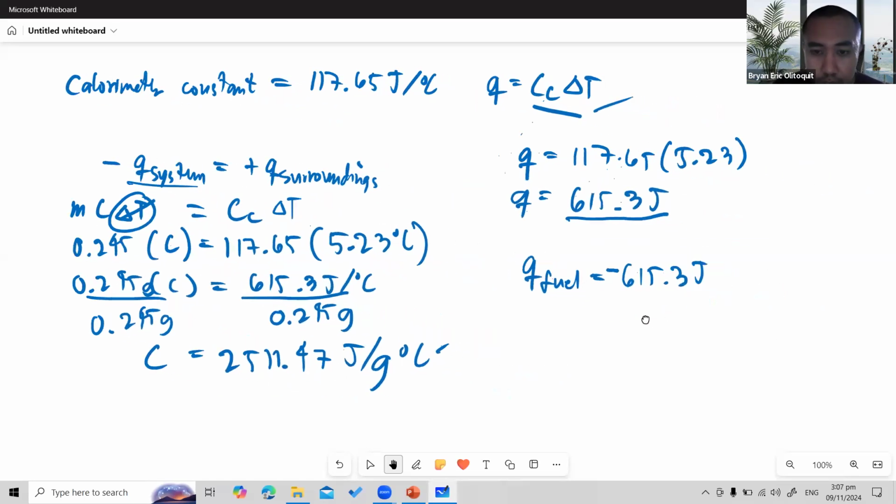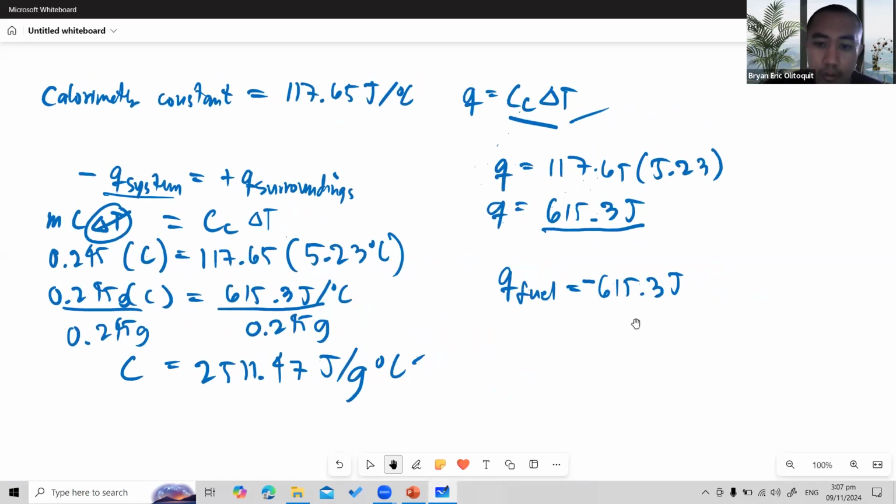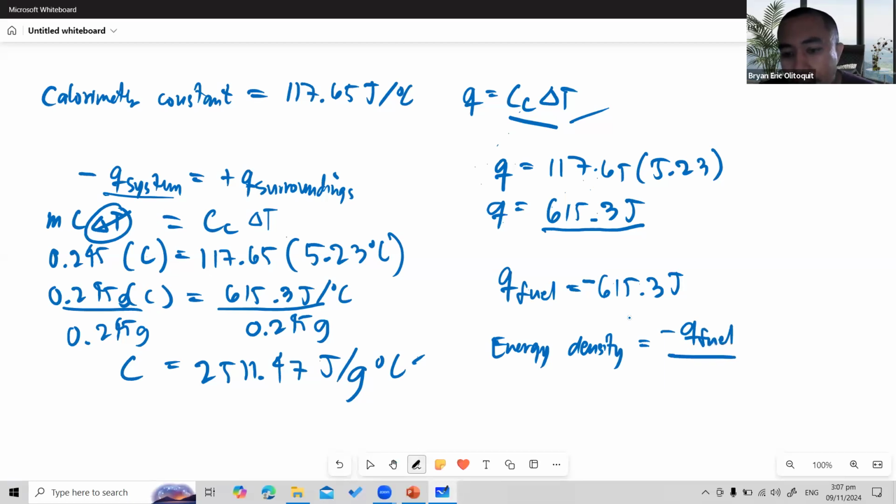Now, from this value, you have what we call the energy density, wherein this is the amount of energy that we can extract per mass of the material. So this is equivalent to negative Q of the fuel divided by the mass of the fuel.